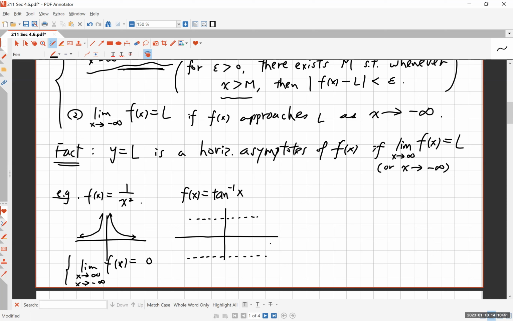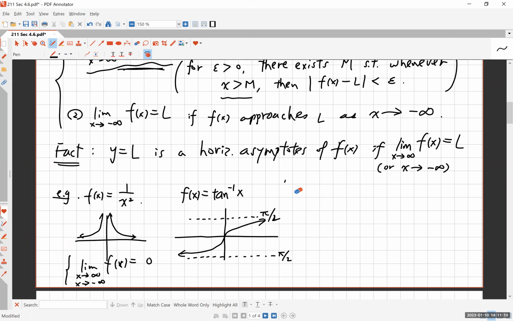The inverse tangent is defined as you restrict the domain of the tangent function from negative pi over 2 to pi over 2, and then, of course, you have to switch the x and y to find the inverse tangent. The tangent function restricted to that domain goes like this, so the inverse tangent is going to go like this and makes a curve and goes that way.